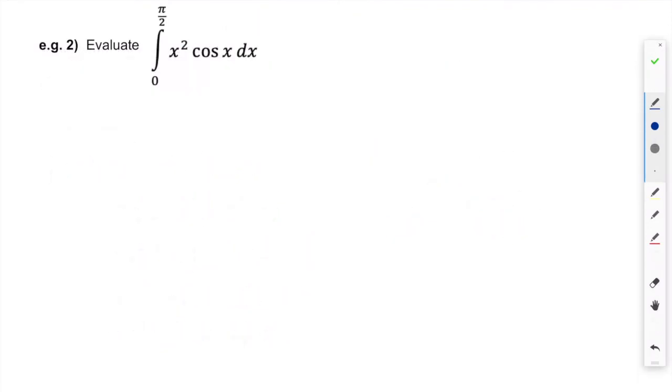Let's take a look at example 2. I'm going to call what we're trying to find I, so I don't have to keep rewriting it. Here we have the integral of x squared cosine x dx, integrating from 0 to pi over 2 as values of x.